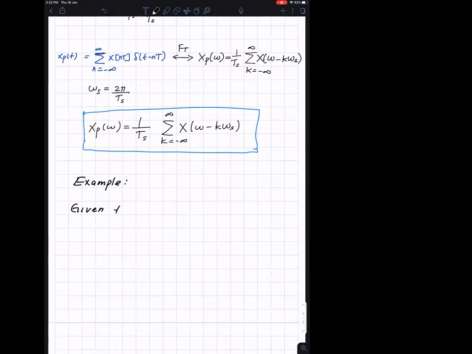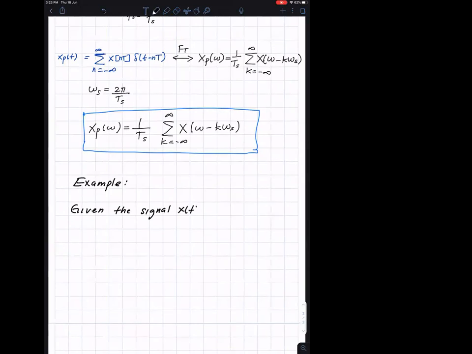Given a signal f(t), or you can also call this x(t), with a spectrum.